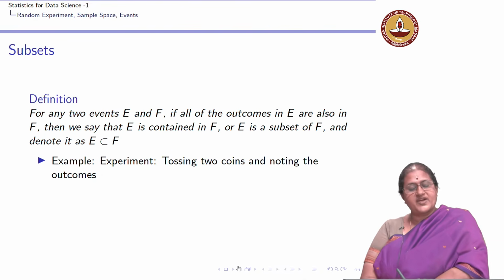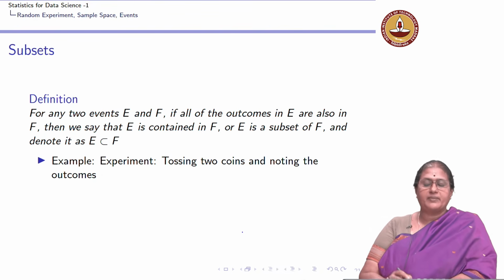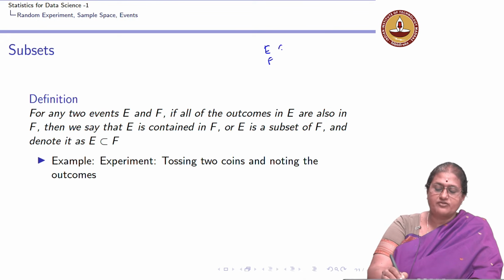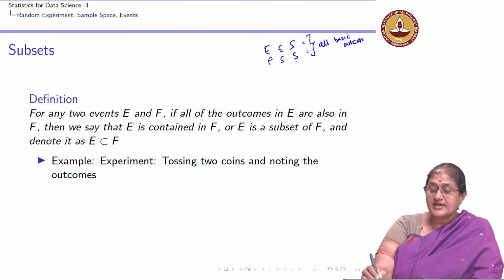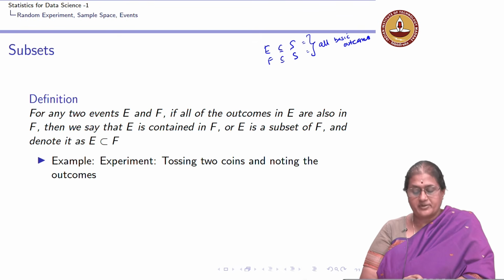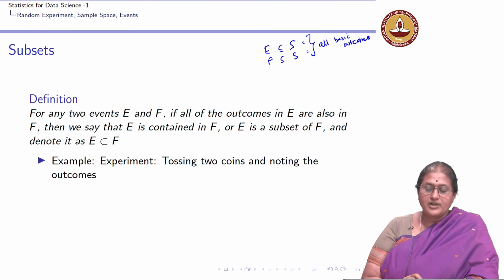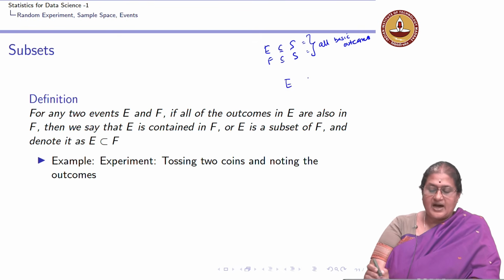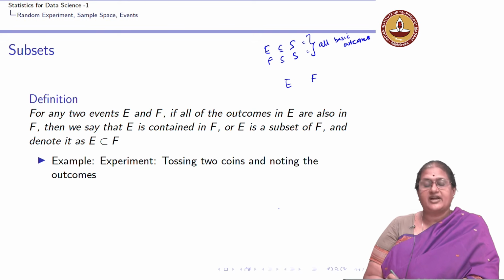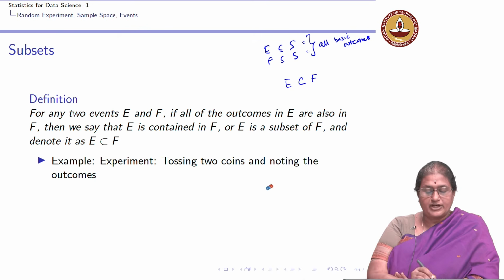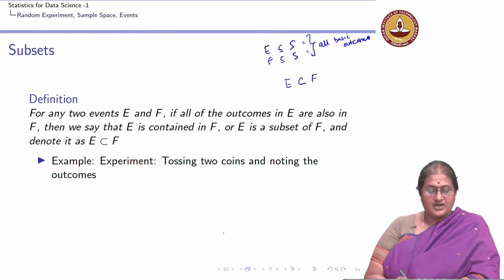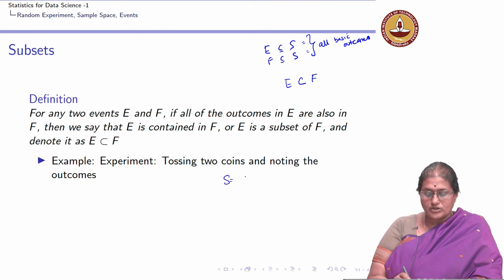So, now suppose we are given two events. Again, remember, events are subsets of my sample space, where the sample space in itself is a set of all possible basic outcomes of my random experiment. So, if all the outcomes in E are also in my event F, then I say E is contained in F, and I denote it by E is contained in F. Suppose I again toss a coin twice.